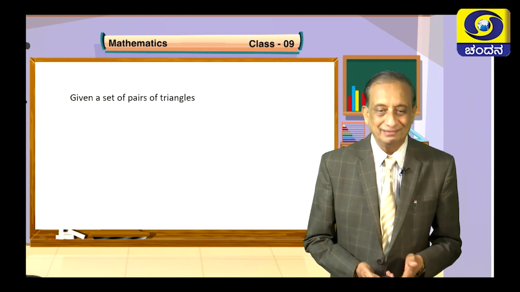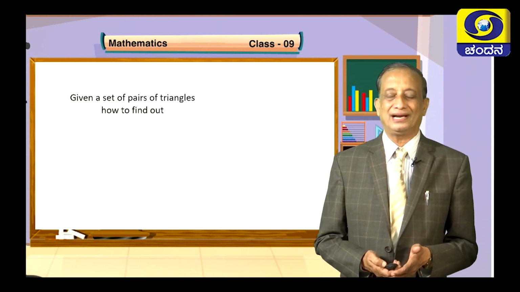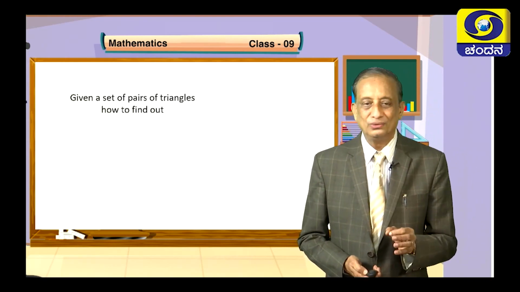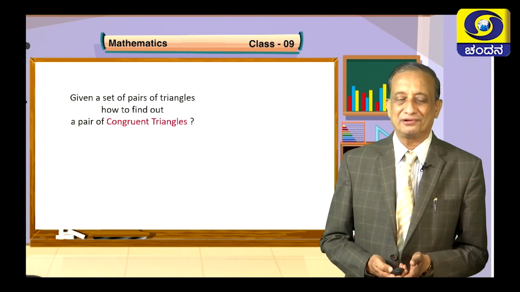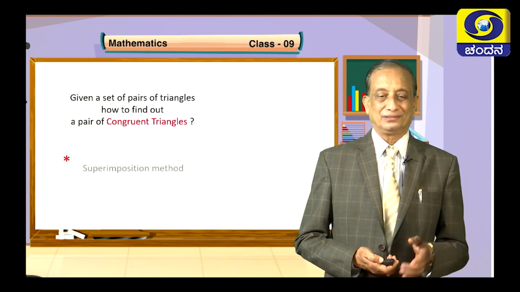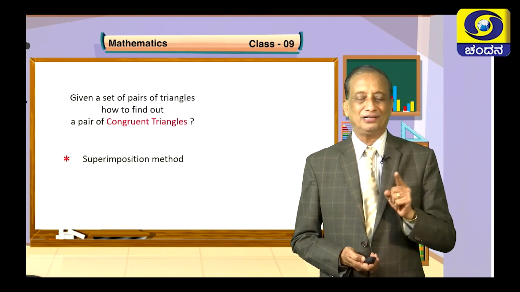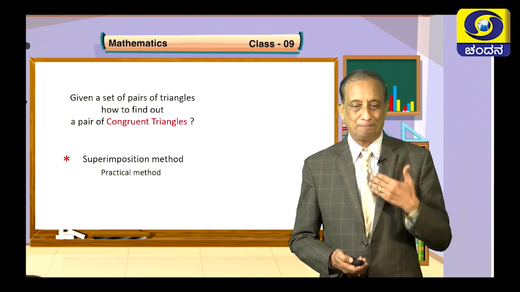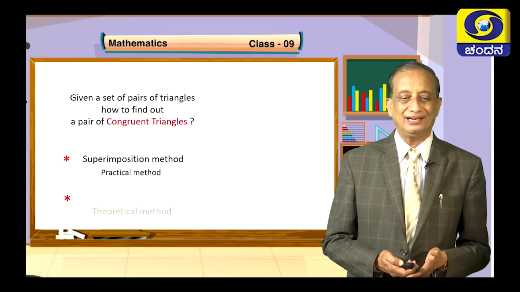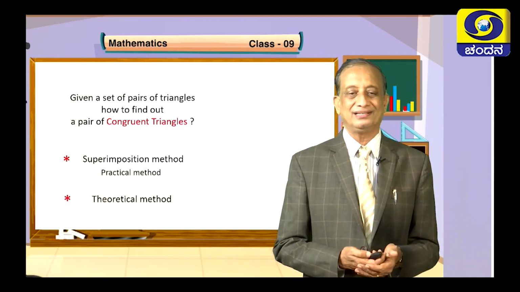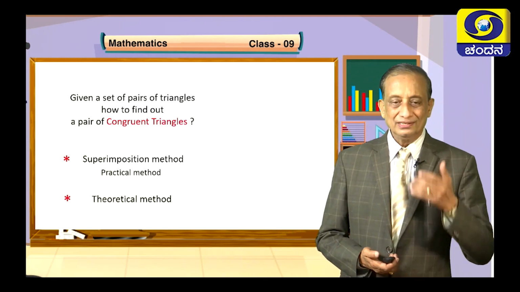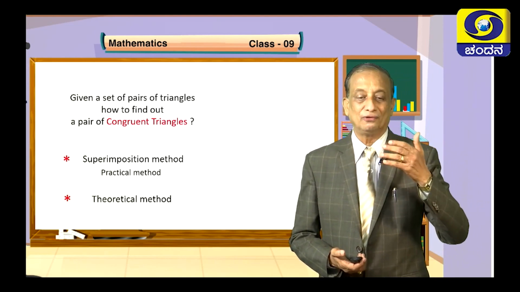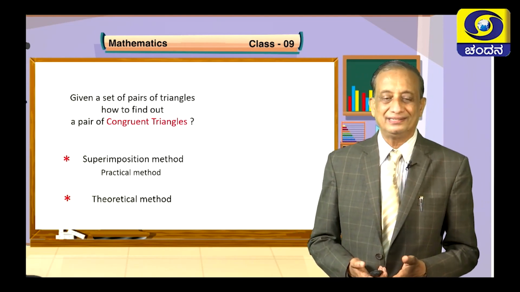Given a set of pairs of triangles, how to find out a pair of congruent triangles? There are 2 methods. The first one is the superimposition method, which is called the practical method, and the second one is the theoretical method. Let me tell you briefly, there are 4 methods in the theoretical method.